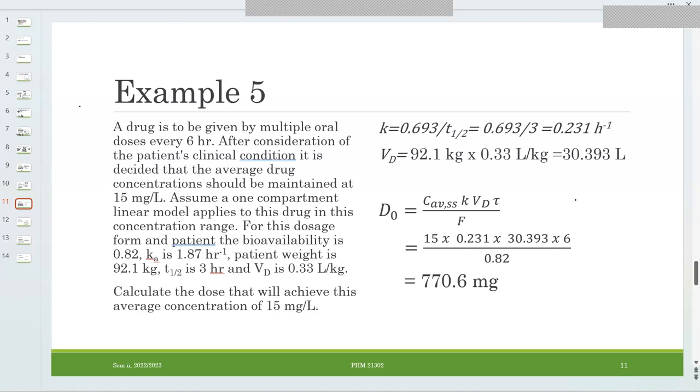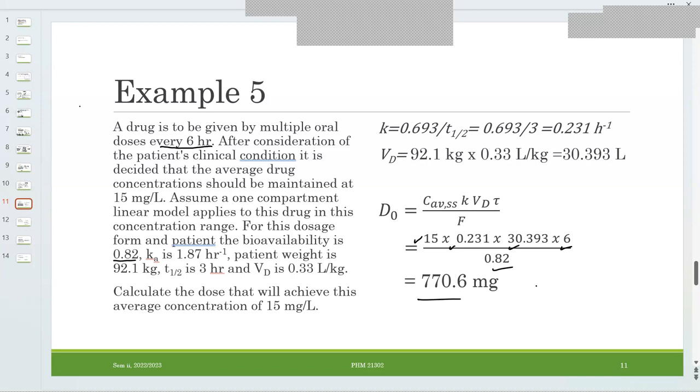Most probably you will use the average steady state concentration. To calculate the dose, just substitute: the target concentration is 15 milligram per liter, the value of K, the value of volume of distribution, and tau given in the problem, every 6 hours. So tau is 6 hours, and then divide by bioavailability 0.82.